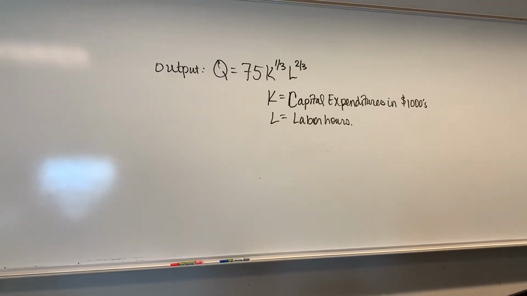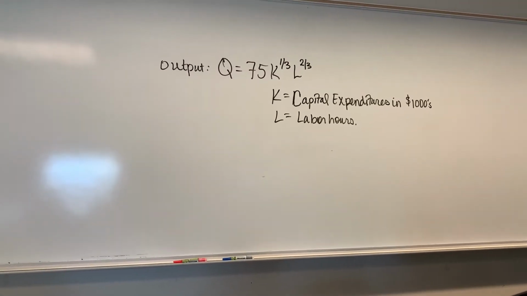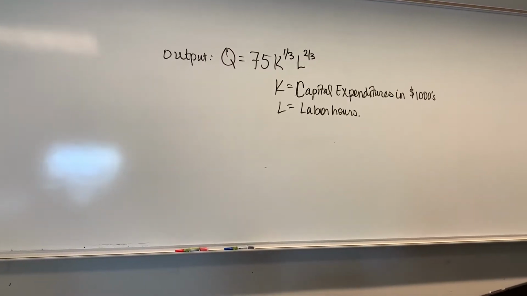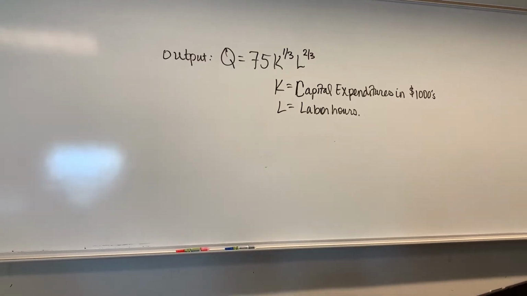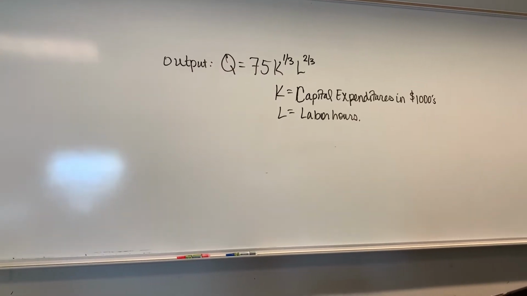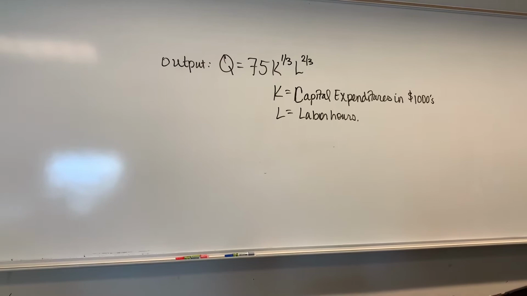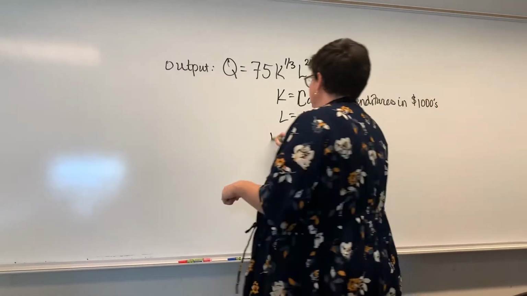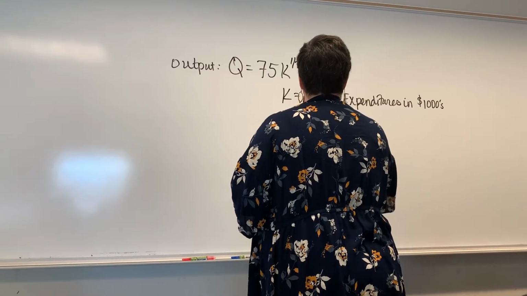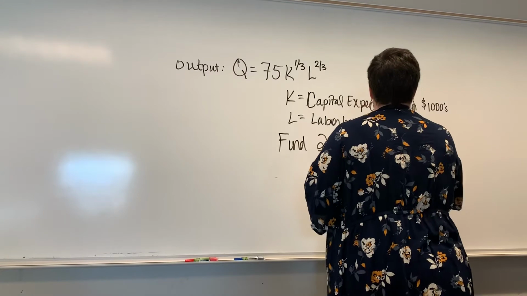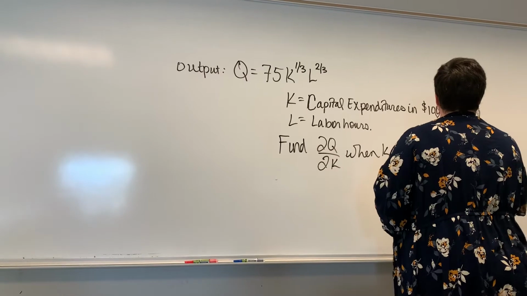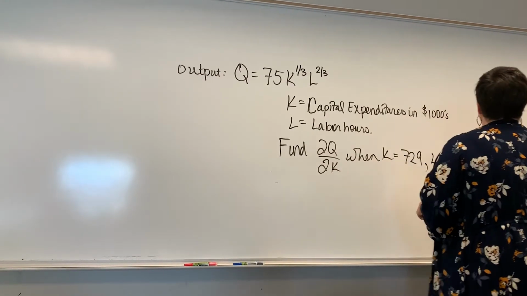Find the partial of Q with respect to K. I'll leave partial of Q with respect to L up to you guys. When capital expenditures are 729,000 and labor hours total 5832, interpret each answer. So find partial of Q with respect to K when K equals 729 and L equals 5832, and interpret.